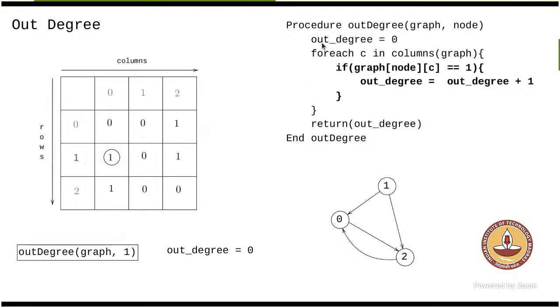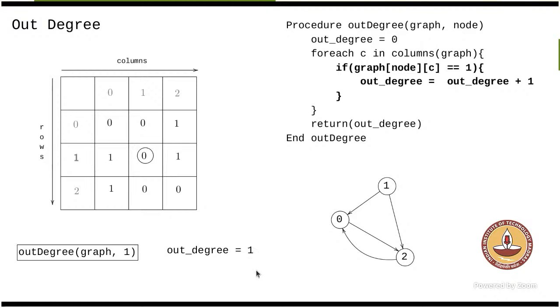Out degree will be initialized to 0, and then you come to this for loop. The first C in the for loop is 0. Will this condition be satisfied? Yes, sir, graph[1][0] is 1, it is satisfied. So out degree will become 1.